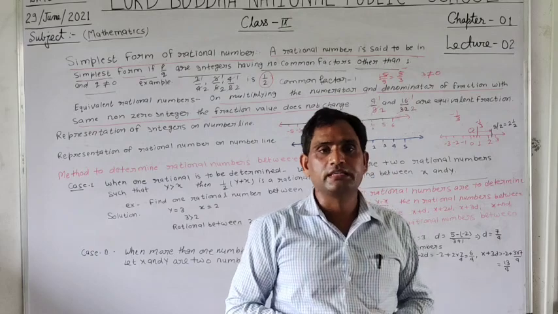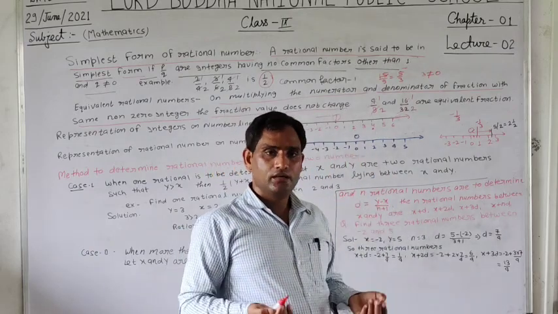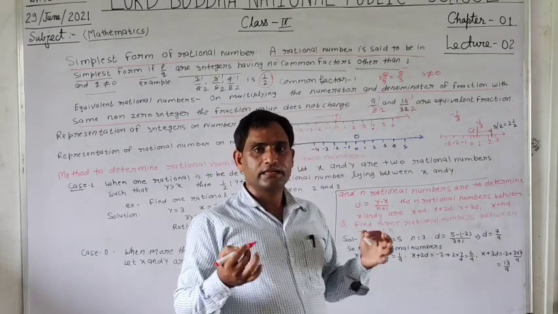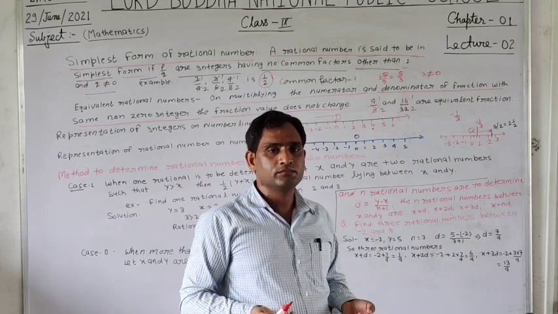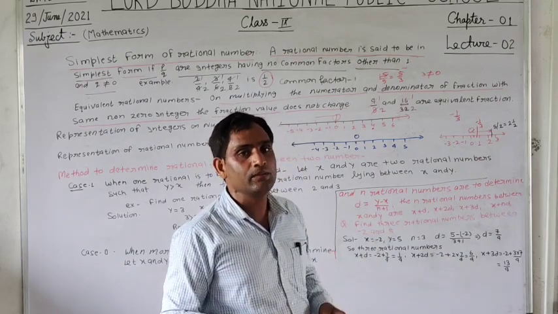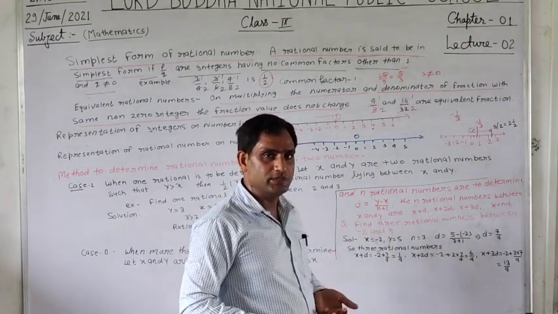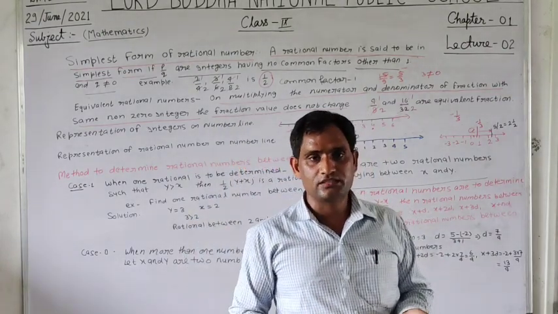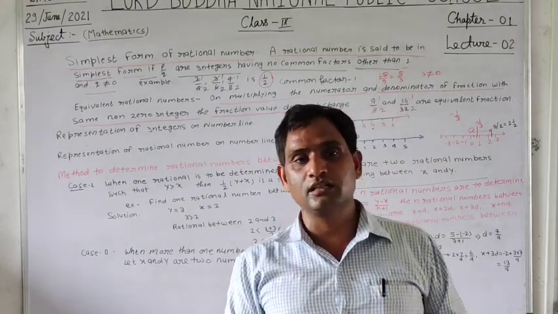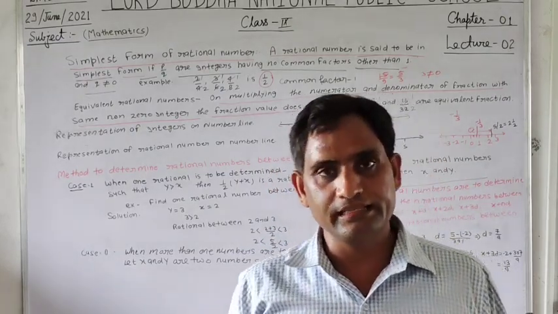After that we solve for the values of the rational numbers. The first rational number will be x plus d, the second will be x plus 2d, the third will be x plus 3d, and the nth rational number will be x plus nd.